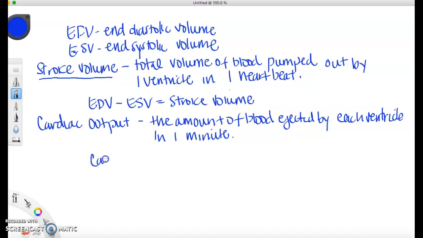So cardiac output is calculated by the stroke volume, which is end diastolic volume minus end systolic volume, times heart rate.